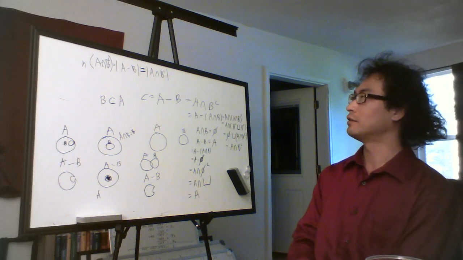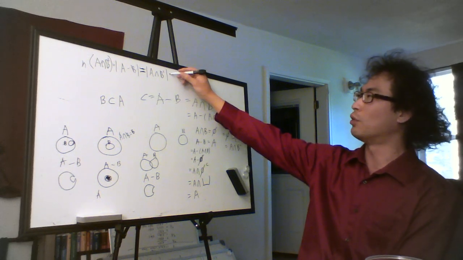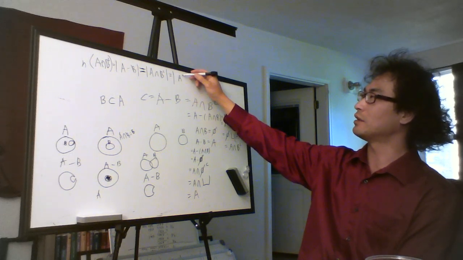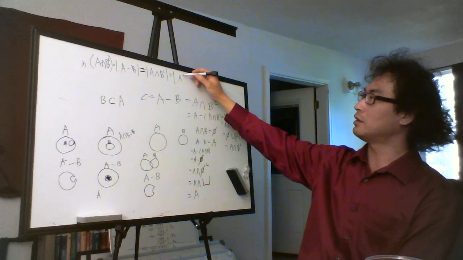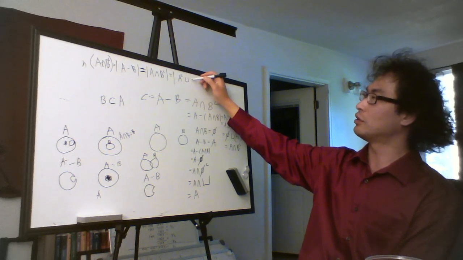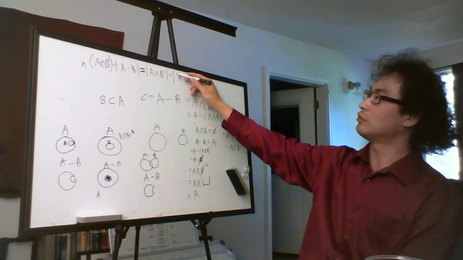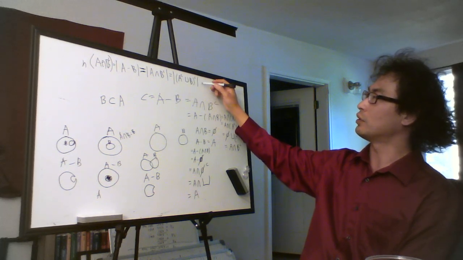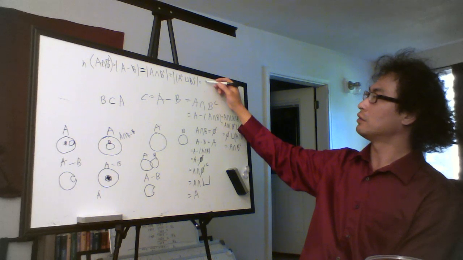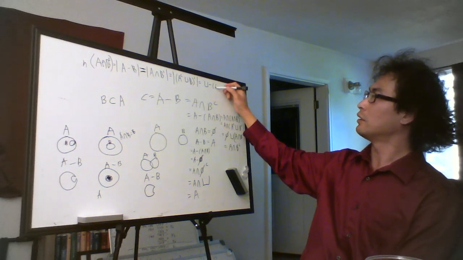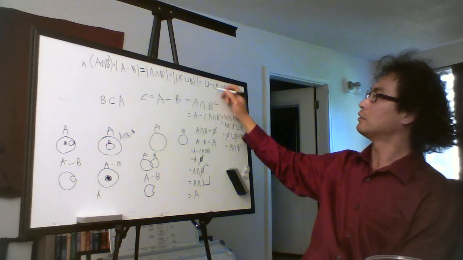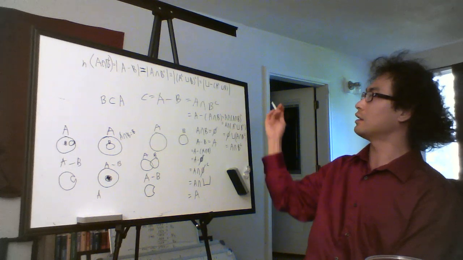Well, let's try De Morgan's law, just for fun. I don't think it's that necessary. A complement union B, right? Complement, which is U minus A complement union B, right? It's just an exercise.